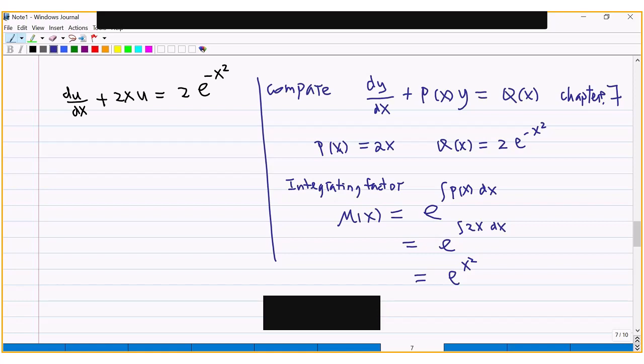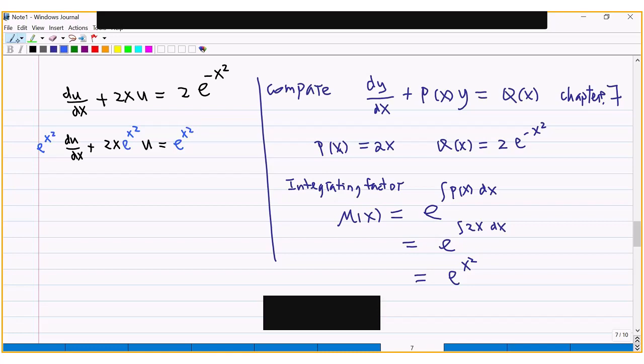After you find the integrating factor, you plug this into the original equation. I'm going to multiply everywhere by the integrating factor. So what you have is e power x squared multiplied by du dx, plus 2x e power x squared multiplied by u, and then multiply by e power x squared everywhere, which is the integrating factor.